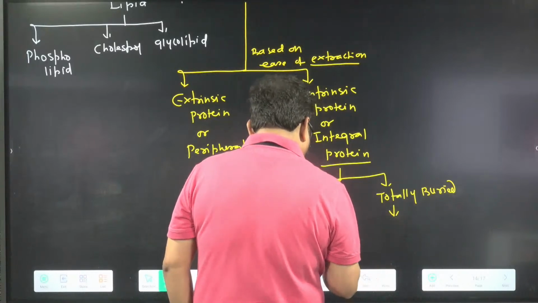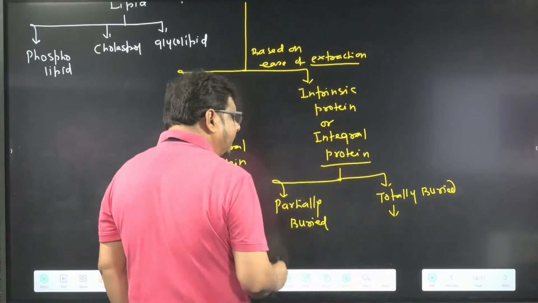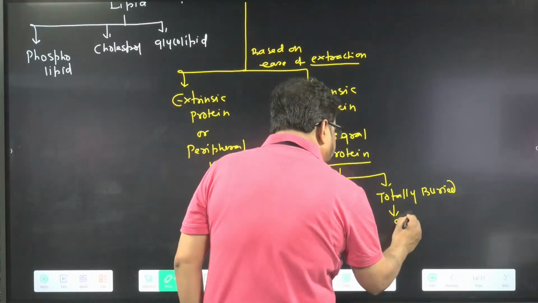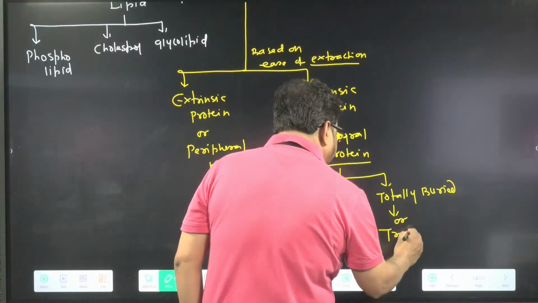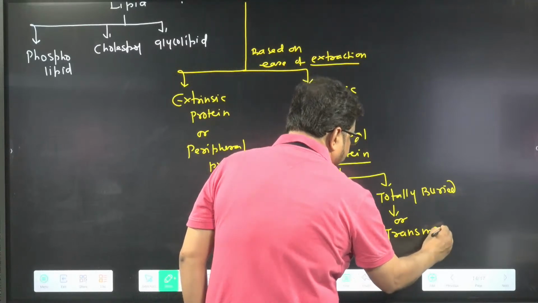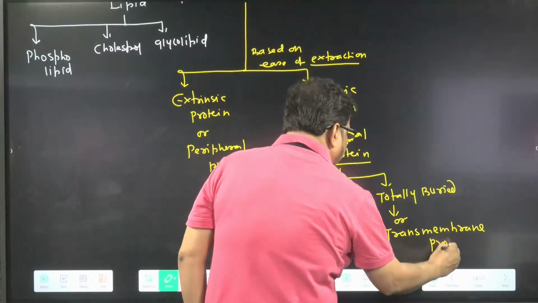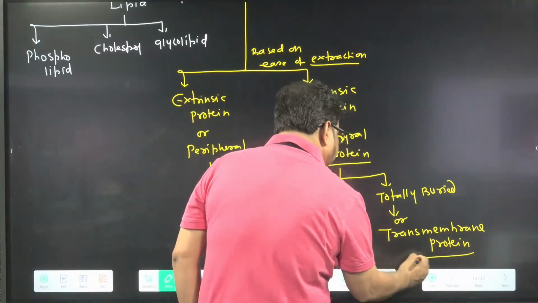Partially buried protein or totally buried protein. I will show the diagram, you will understand better at that time. Totally buried protein has another name, it is also called transmembrane protein. Getting the idea or not?